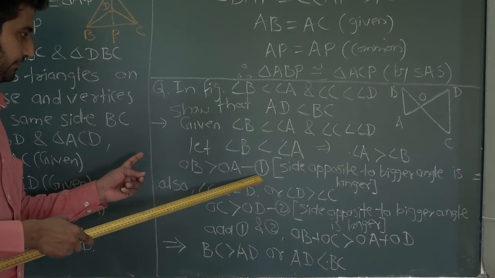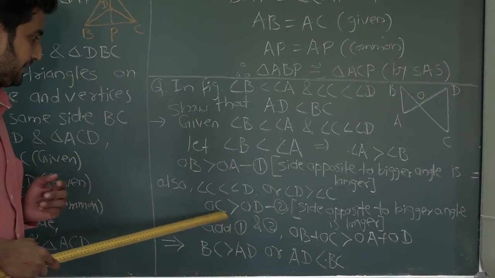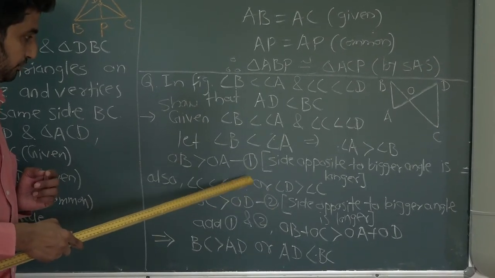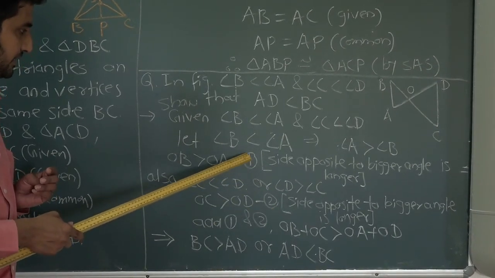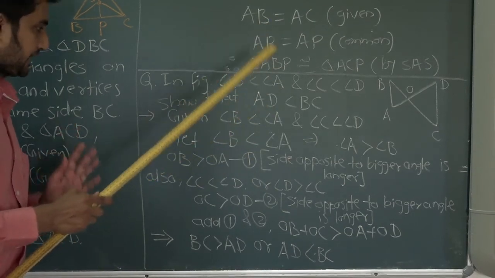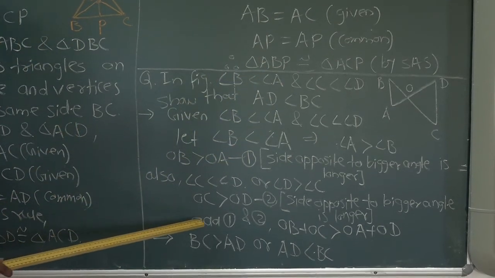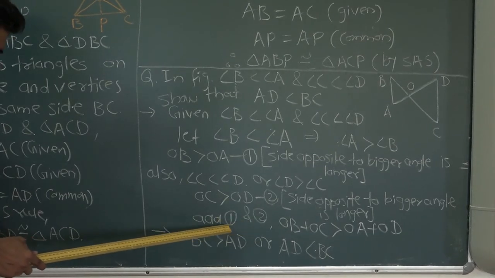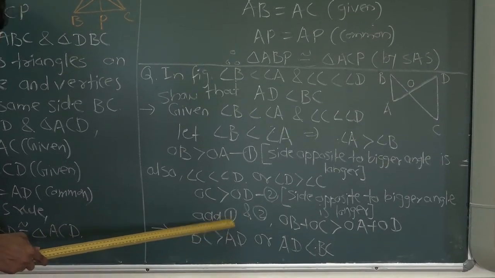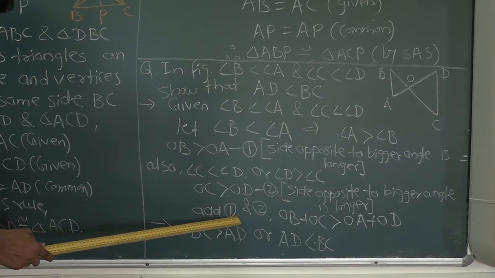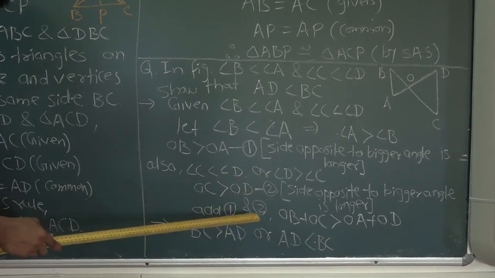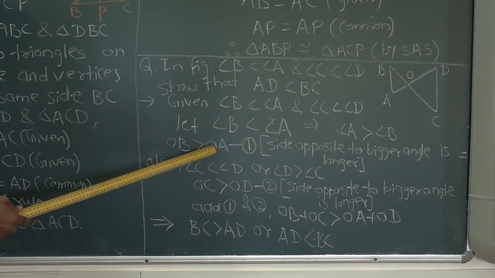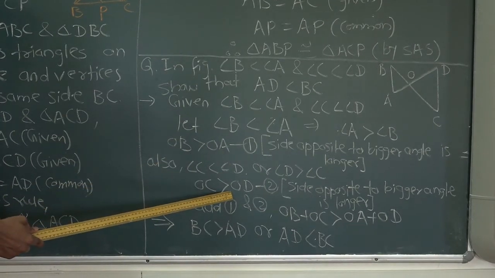Now, we have both results with us: result 1, OB is greater than OA, and secondly, OC is greater than OD. By using both these results, we can show the result. How? We will see. Here we are making an adjustment: we have to add 1 with 2. Adding 1 and 2 means LHS is added with LHS and RHS is added with RHS.